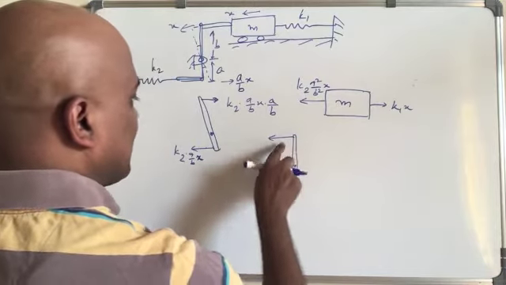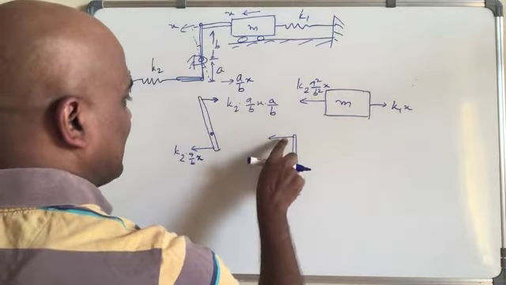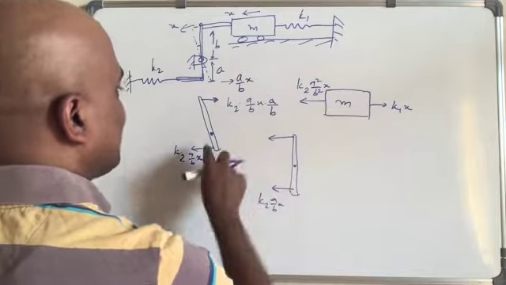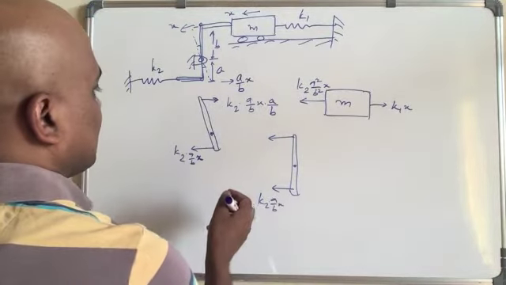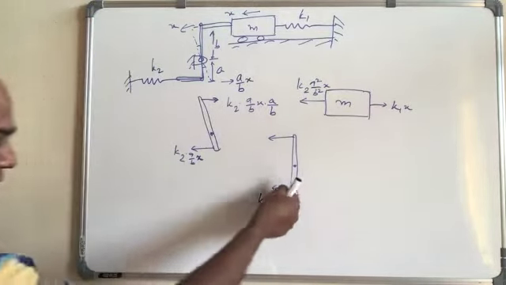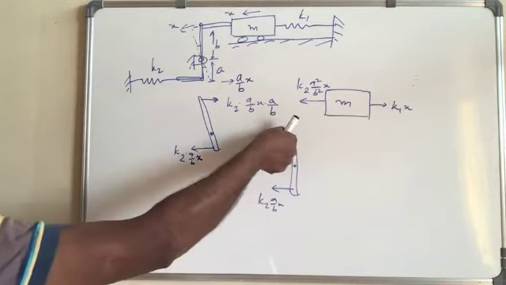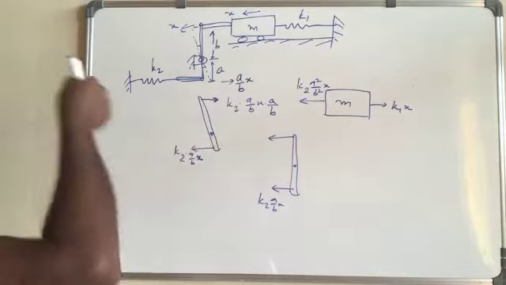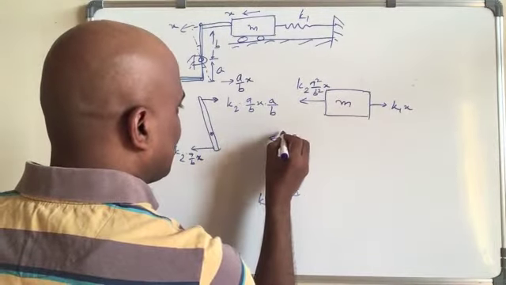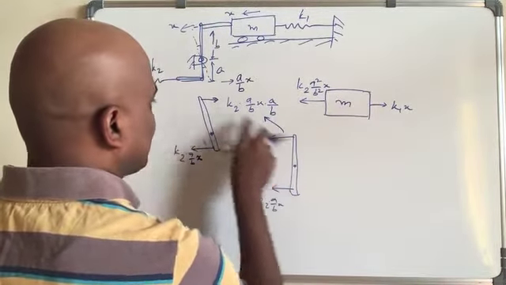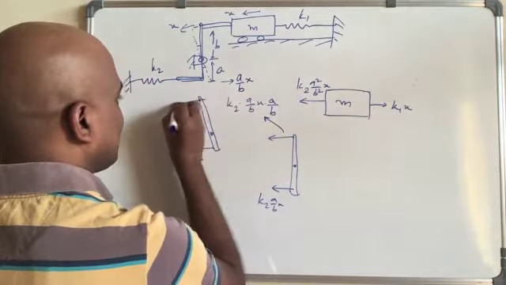In that case, the force here has to be in this direction, right? So if you put it like this, I have to balance this one by pulling like this here. So actually the direction here is something like this one.